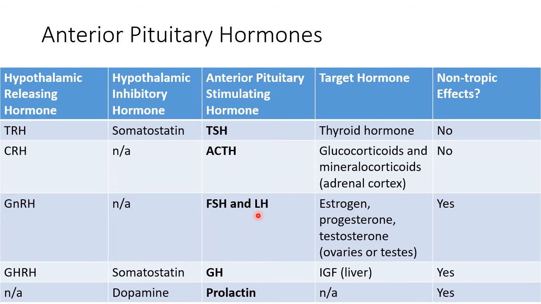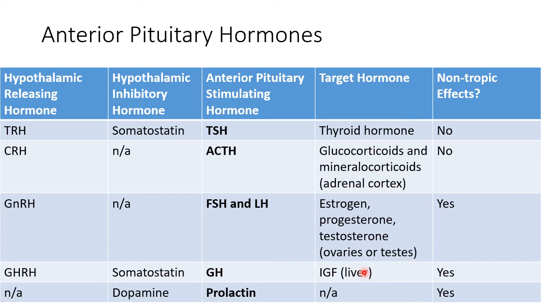FSH and LH cause the release of estrogen, testosterone, and indirectly also progesterone, depending on if you're a man or a woman. And they do have non-tropic effects. So they cause the release of these hormones, that's their tropic effect, but they also do other things as well. Then you have growth hormone that causes the release of IGF from the liver.